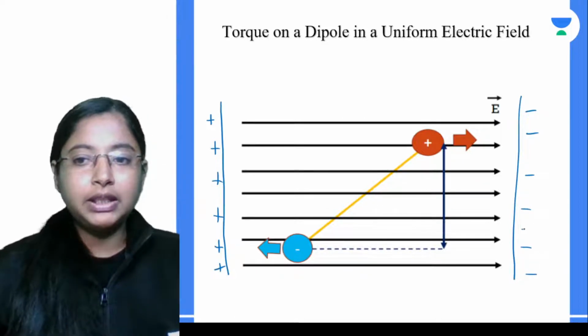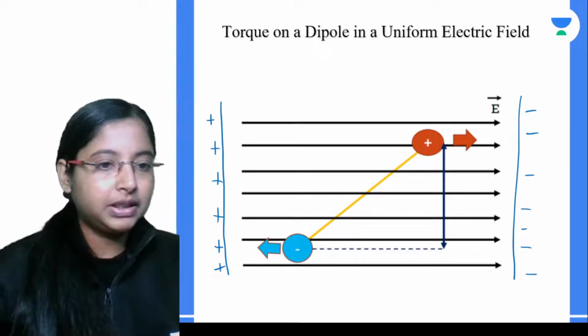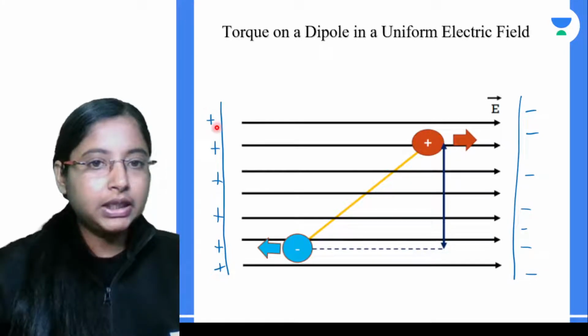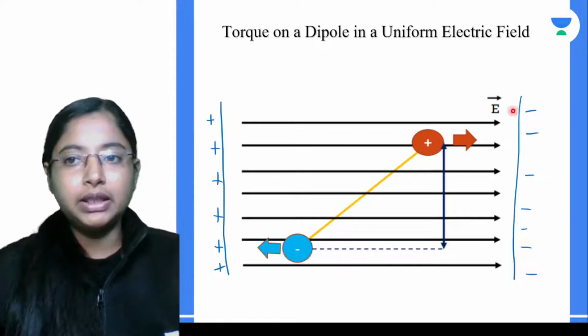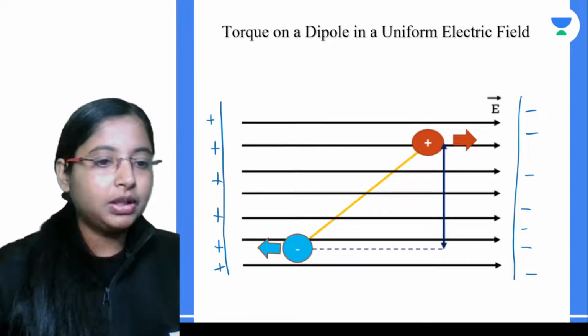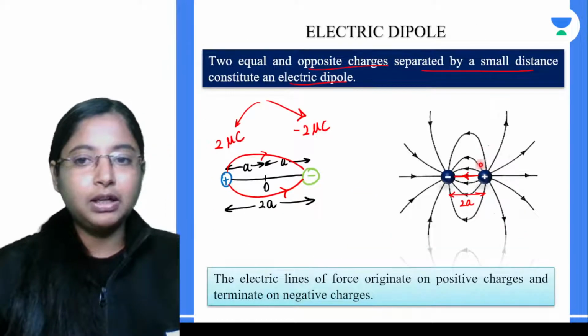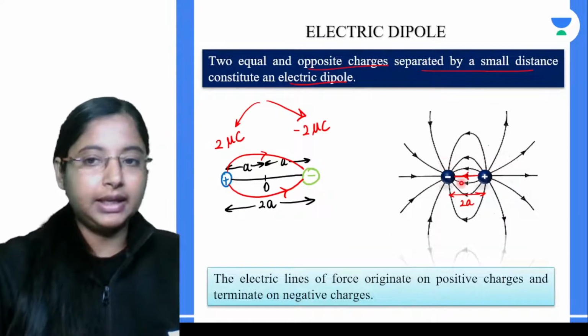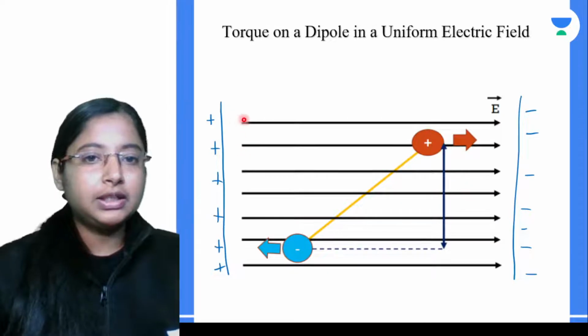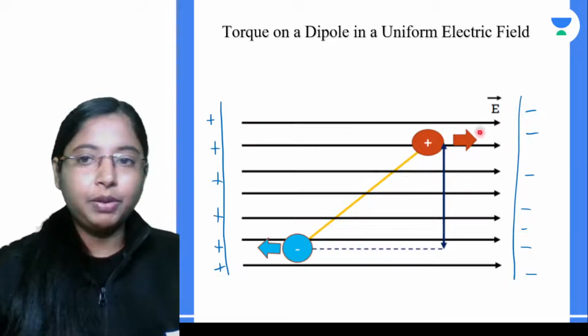Now what will be the direction of the electric field in this case? It will always start at the positive charge and terminate at the negative charge, because field lines always begin at a positive charge and end at a negative charge.